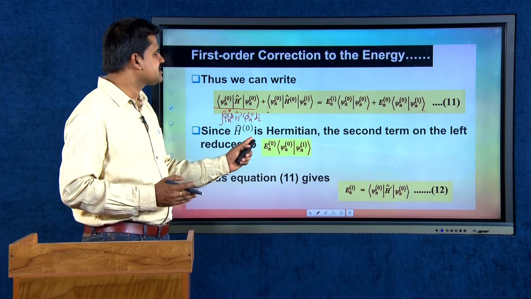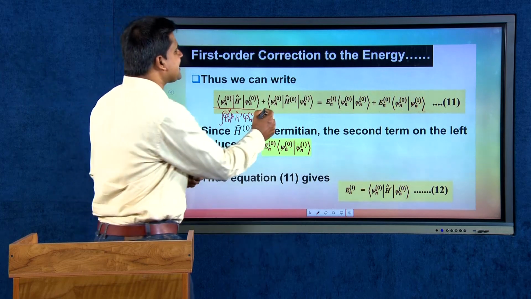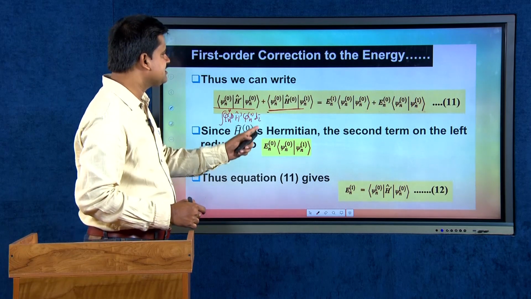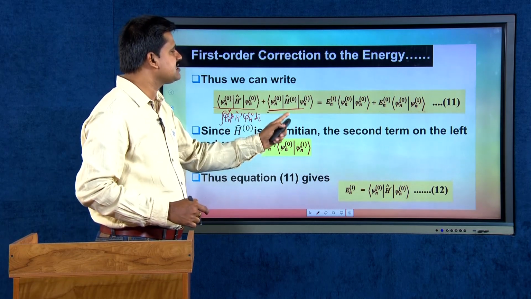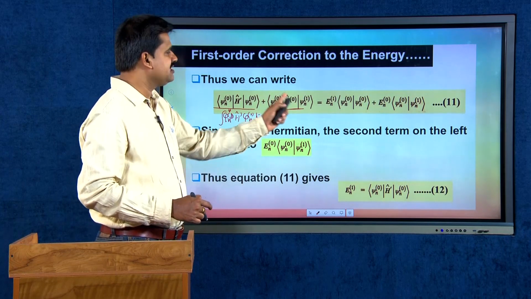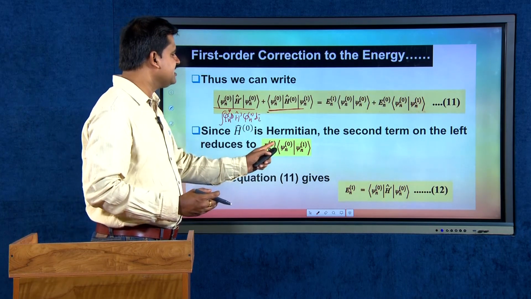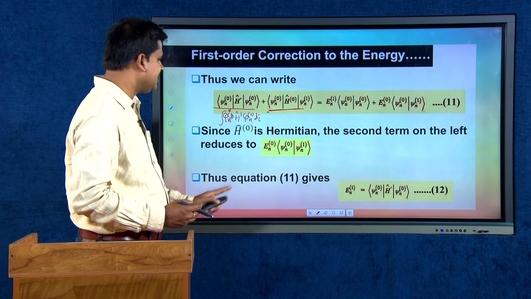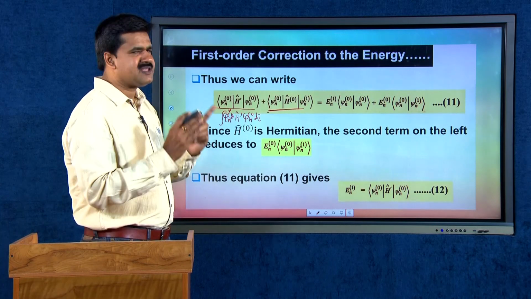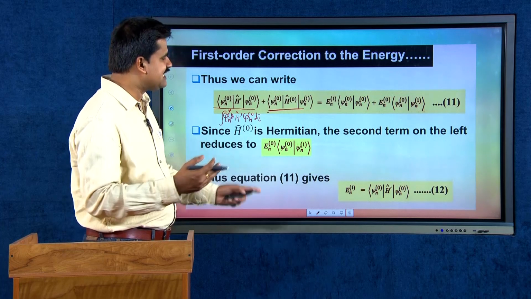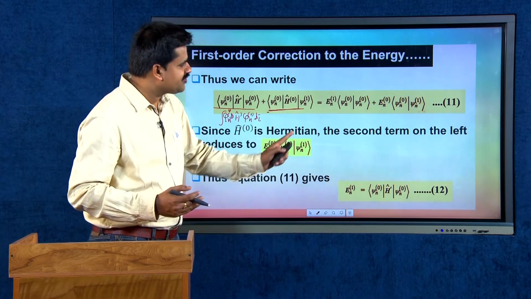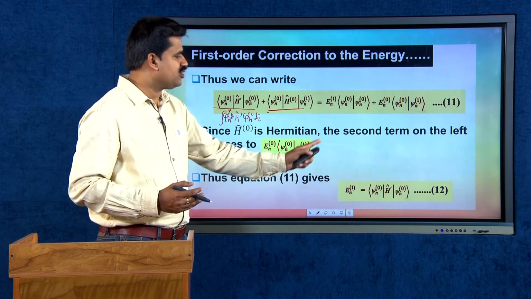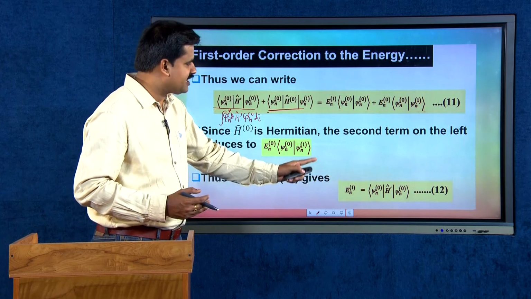Since h hat 0 is a Hermitian operator, the second term on the left, that is integral psi n0 star h hat 0 psi n1 d tau, reduces to En0 integral psi n0 star psi n1 d tau, and hence equation 11 can be reduced further to get En1 equal to integral psi n0 star h hat dash psi n0 d tau, or using the bracket representation we can put it like this.